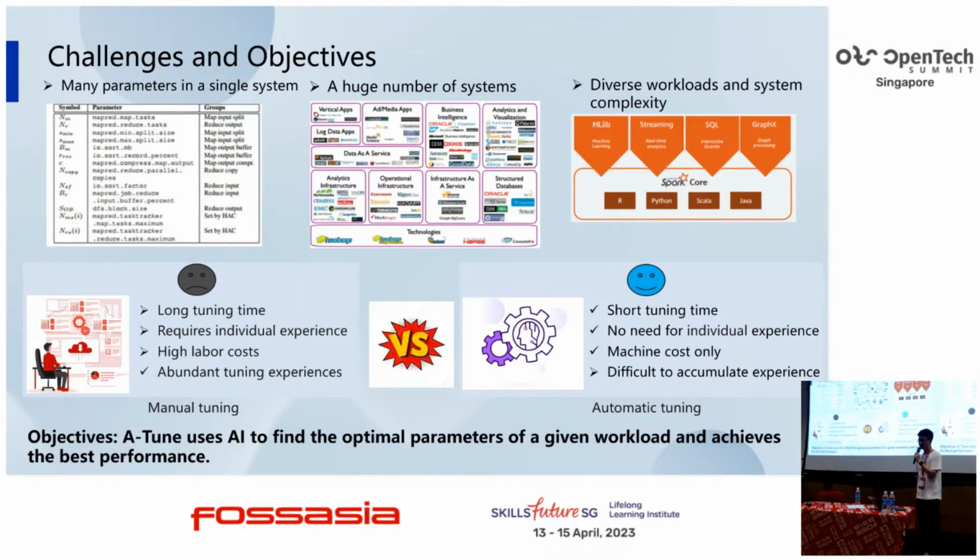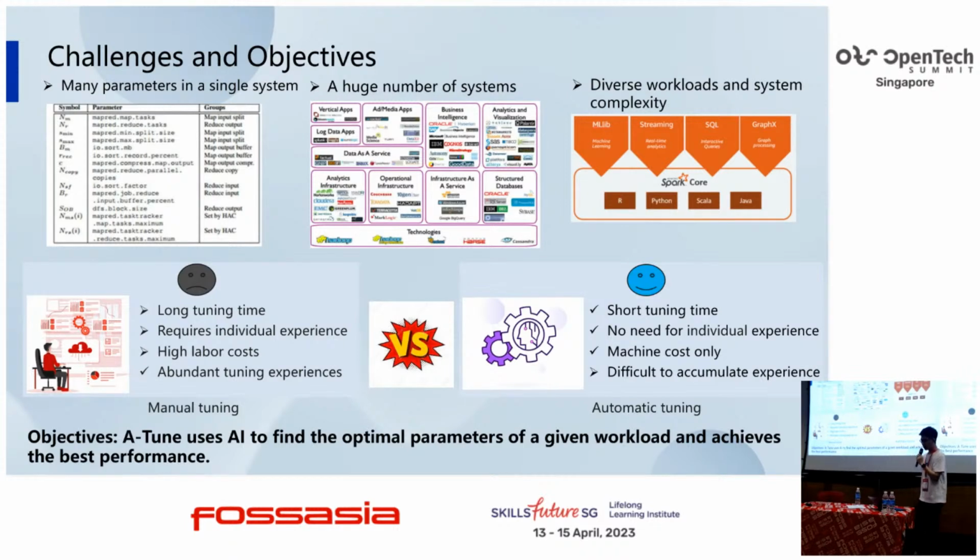Different systems need different kinds of parameters. The third one is diverse workloads and system complexity. For example, even if we use Spark, there are all kinds of workloads, including MLlib, streaming, SQL, and graph processing, and so on. Different workloads also need different kinds of parameters.